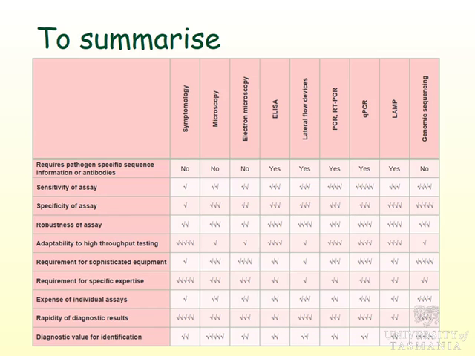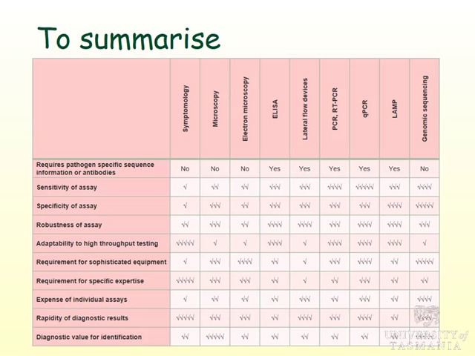So no real knowledge is needed to run that test. To interpret the test, maybe. What does it mean for the person? I've got a positive now. But to actually run the test, pretty low. And even things like genomic sequencing, I've probably underdone it there. To actually do the sequencing, you send it away and someone else does it for you. To interpret some of the data can be a bit tricky.